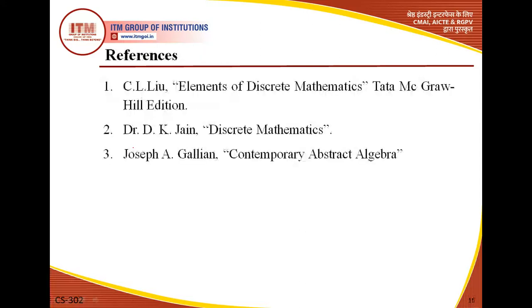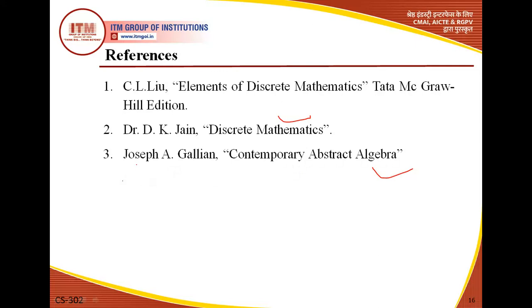Let's see these references. So let's see the references for unit 2. For unit 2, a pretty nice book that you can study is the first one. But also, if you want to read a very nice book over groups, then you should check out this book, Contemporary Abstract Algebra, written by Joseph A. Gallian.